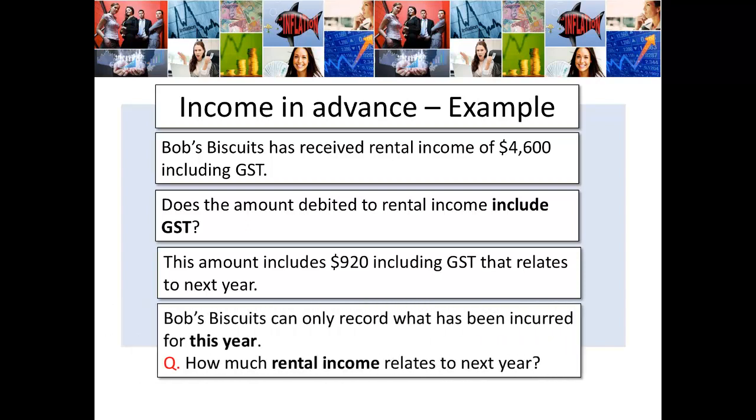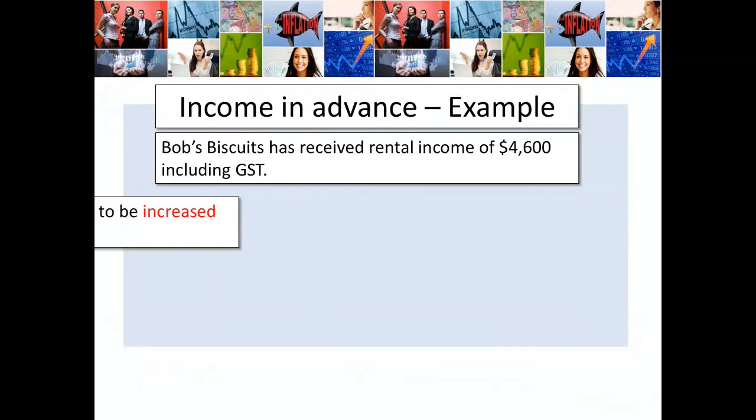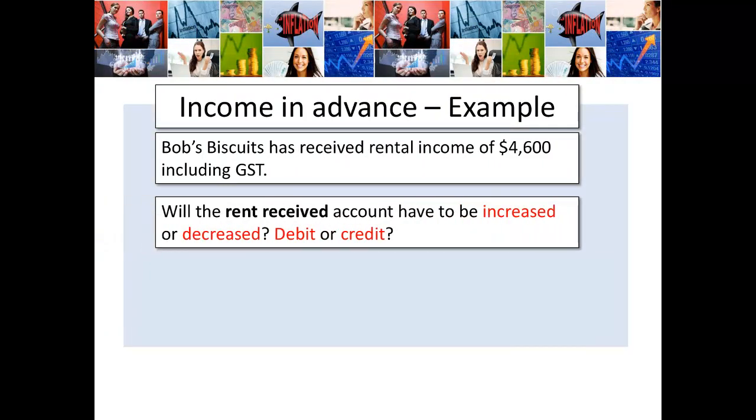The business can only record what's been earned for this year, so the question you have to be asking yourself in similar situations is, how much income relates to next year? $800 here. So rental income $4,600 including GST.